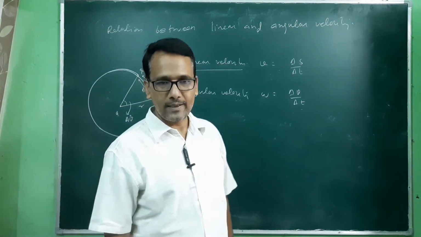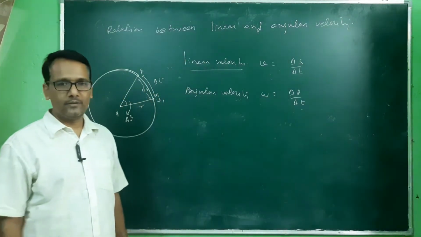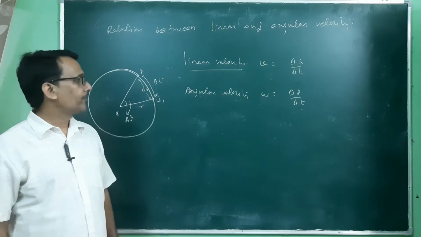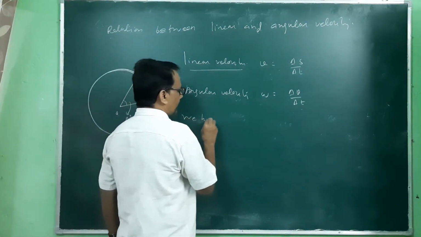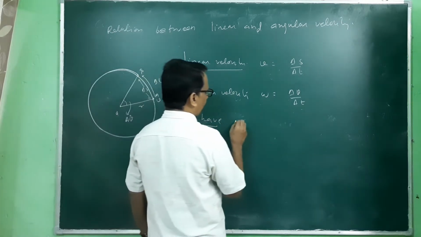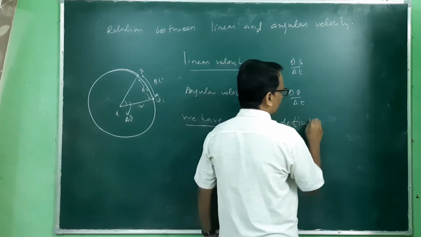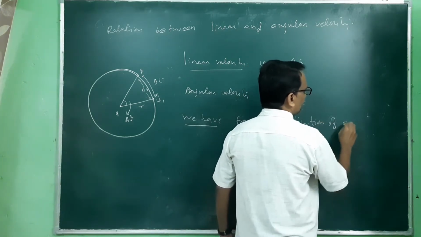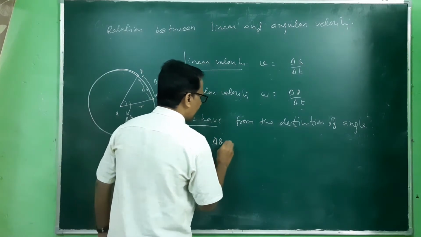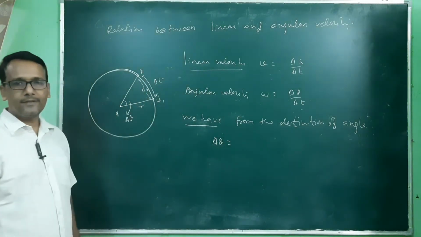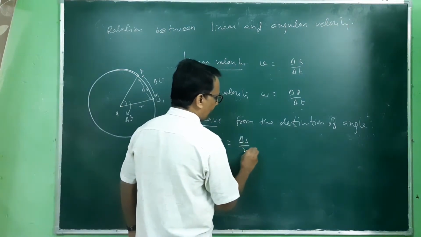These two relations are from their definitions, and from the definition of angle, delta theta is arc upon radius, delta theta is equal to delta s by r.